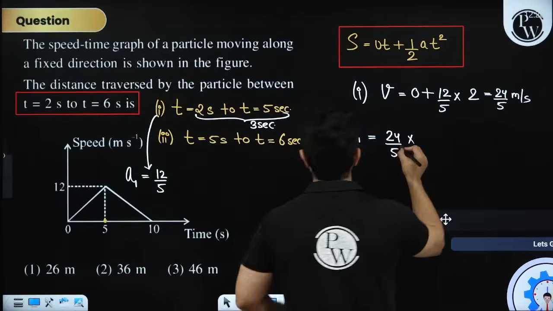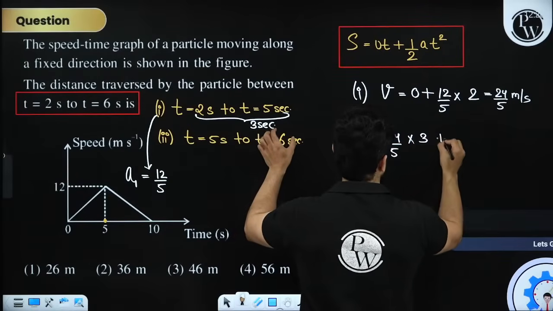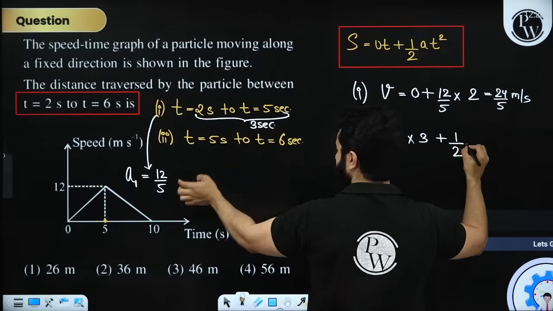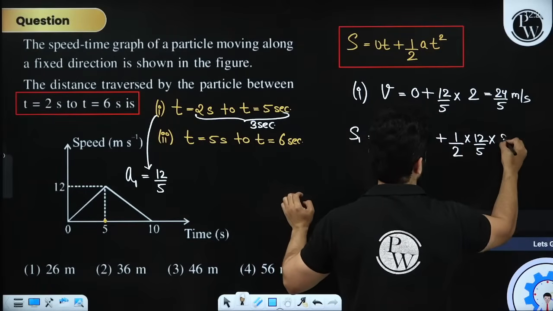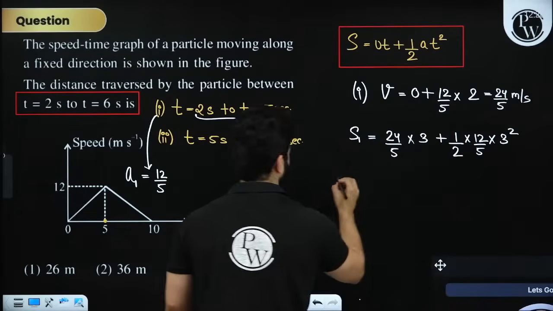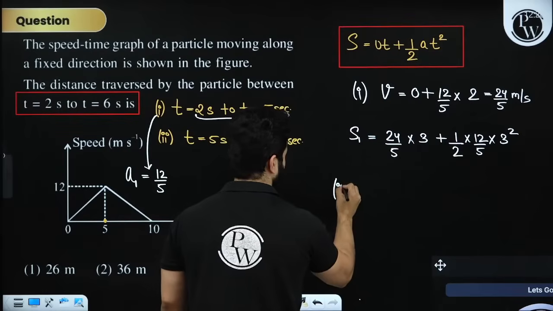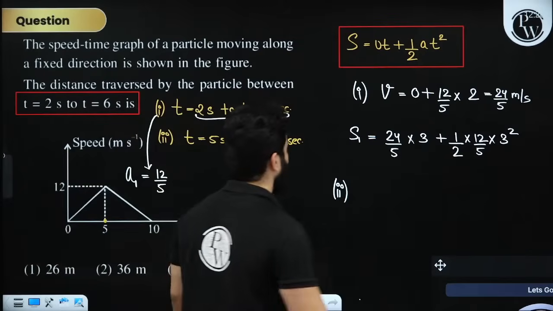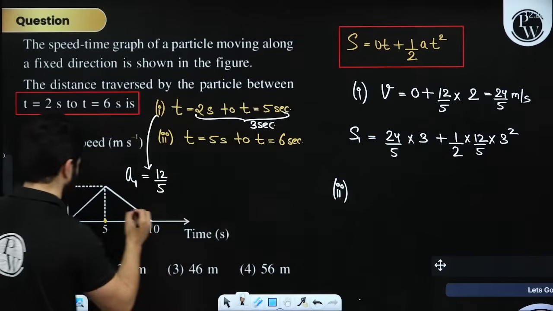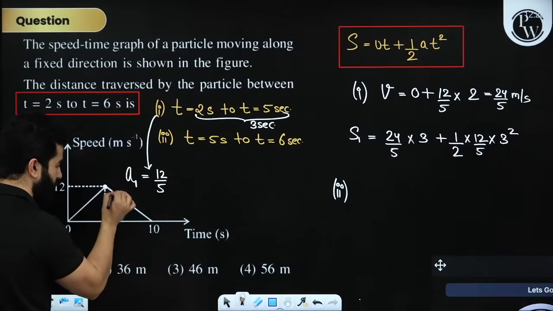So 24 by 5 multiplied by 3 plus half acceleration, 12 by 5, multiplied by t square, that is 3 square. This is going to be your S1. Please let me know what value you are getting for S1.